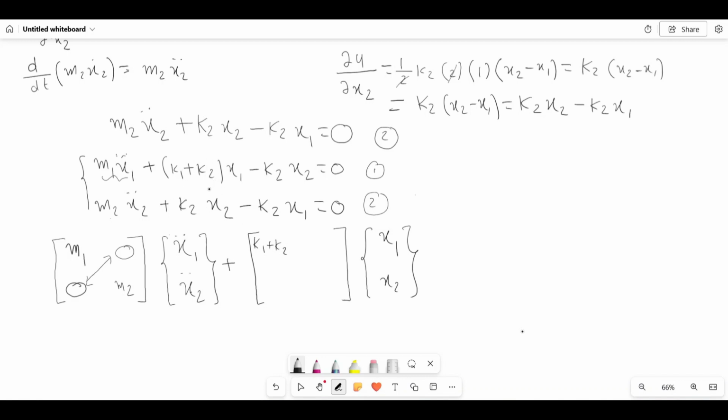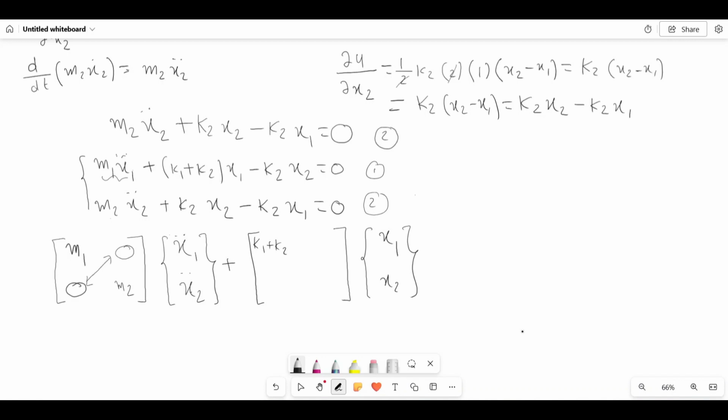Now, what else do we have? Do we have any expression of k2 that has x1, of m2 that has x1, in such a way that when we multiply, we find what we have on top?